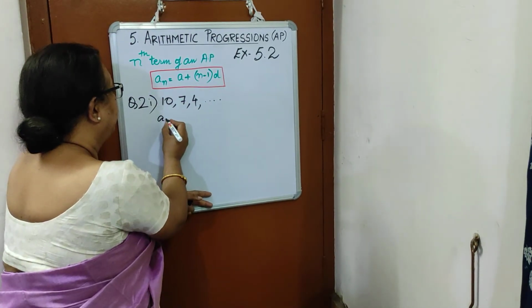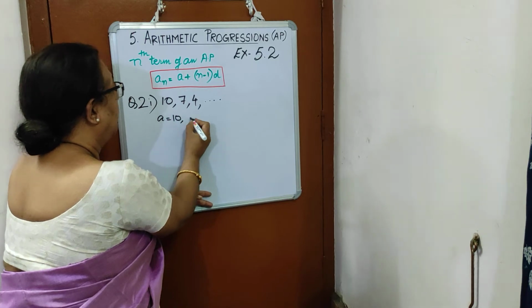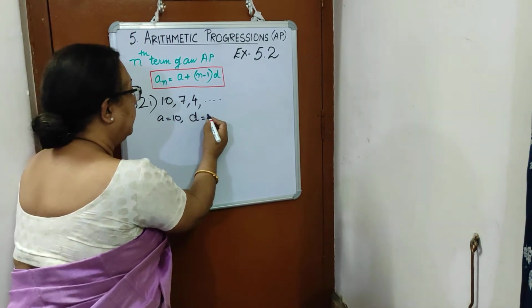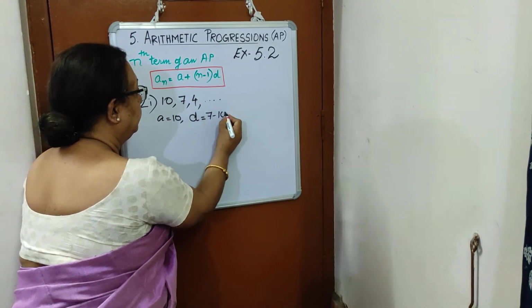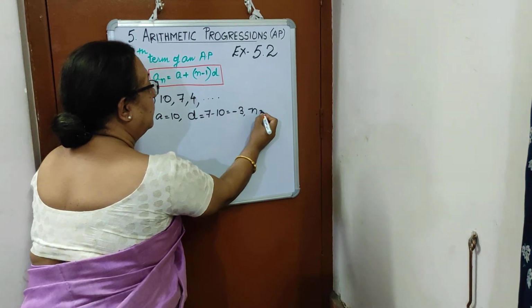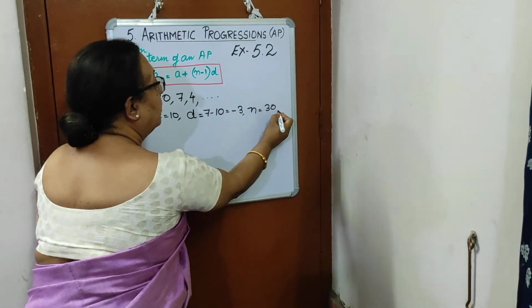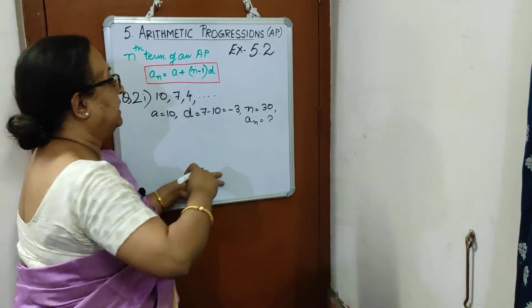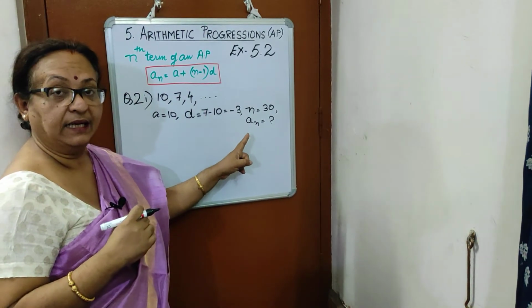What is A? 10. What is D? D will be 7 minus 10, that is minus 3. N is 30. What we need to find is an, that is, the 30th term.